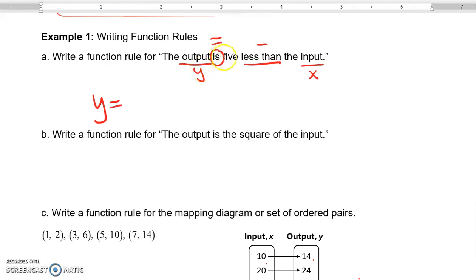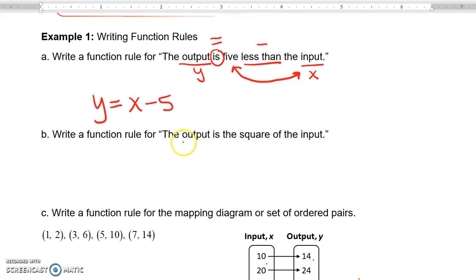Now, less than is a tricky one to start on because usually you can just go in the order that you see, but in order to take less than something, you need to know what you started with. So the 5 and the x need to switch places, and it would be x minus 5. So the output, y, equals 5 less than the input, and we have completed part A.